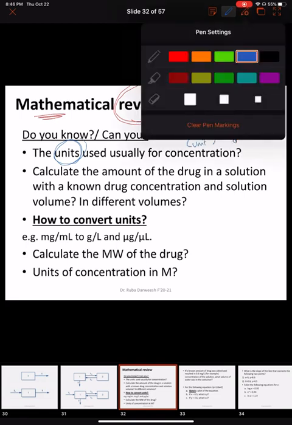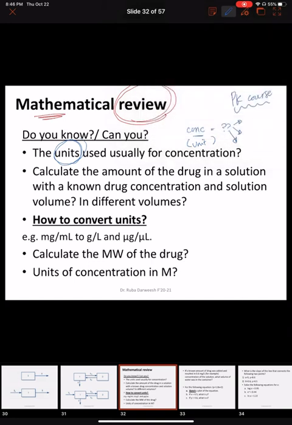Usually for clinical purposes we use mass over volume. So the unit of concentration will be a unit of mass over volume, for example microgram per milliliter, milligram per liter, anything that is amount over volume.